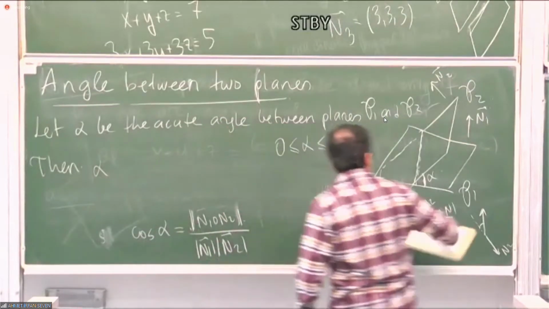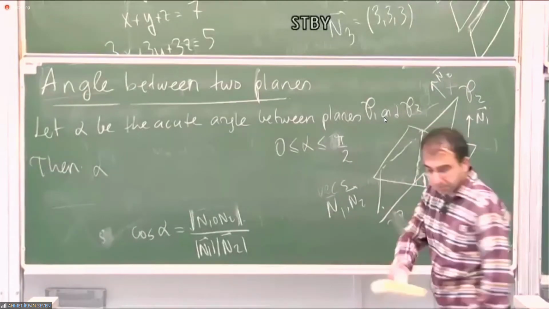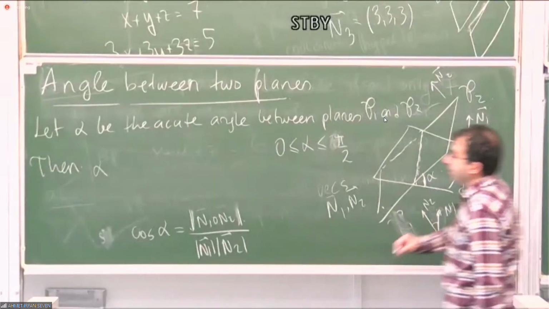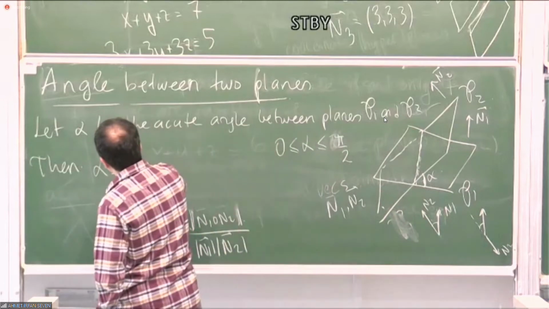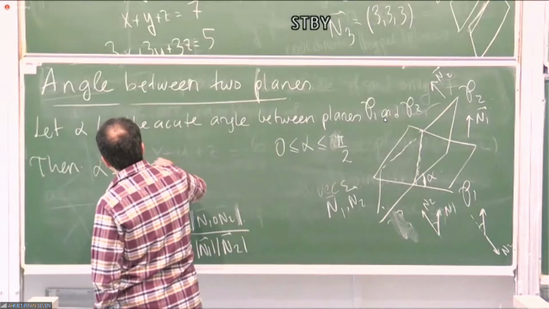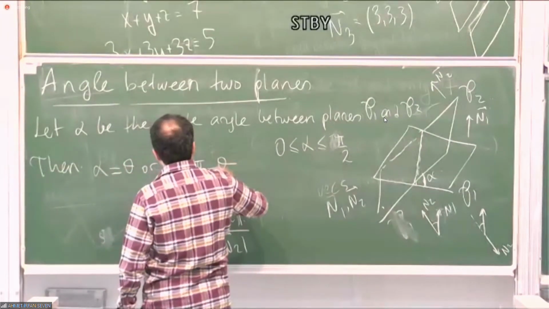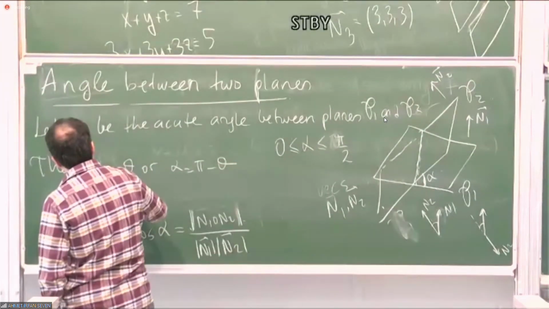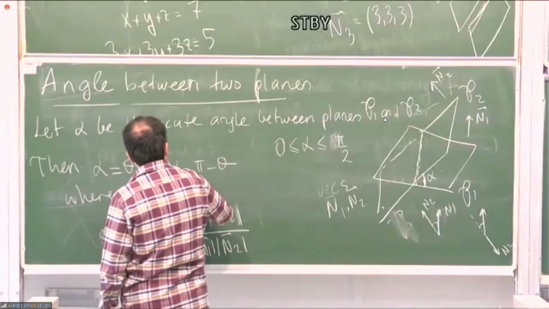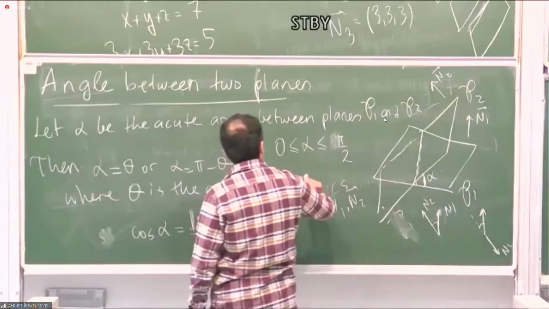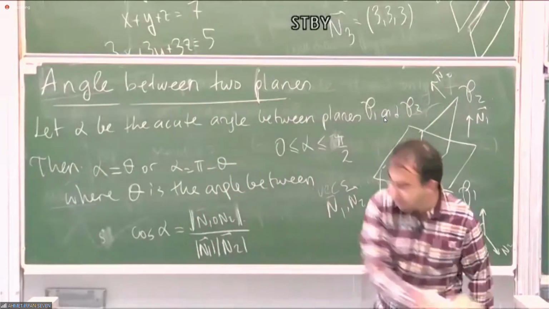Let's denote this one by theta. I should have done it this way before. Then alpha is equal to theta or pi minus theta, where theta is the angle between normal vectors N1 and N2.